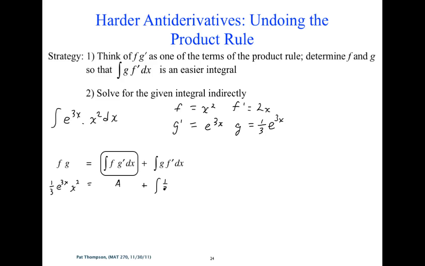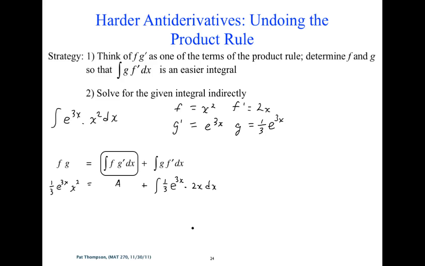Integral of 1/3 e to the 3x times 2x dx. How'd that turn out for us? Is that an easy, straightforward antiderivative? It's not, because I got e to the 3x and then times 2x.